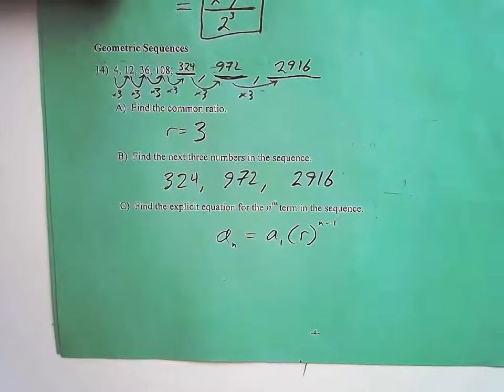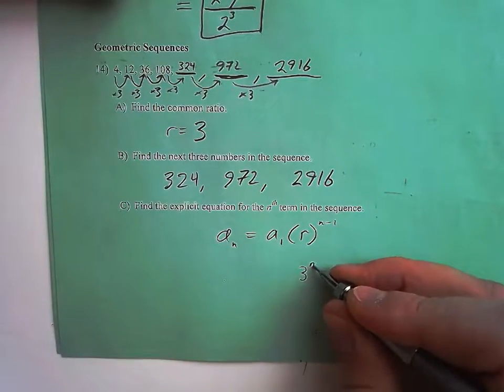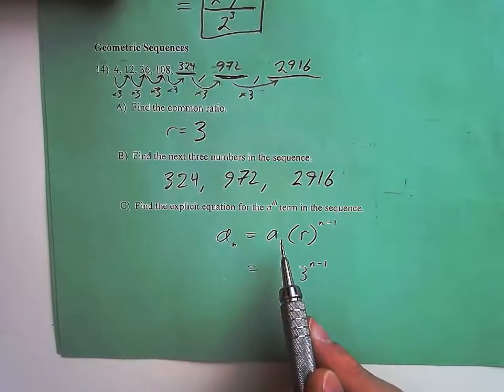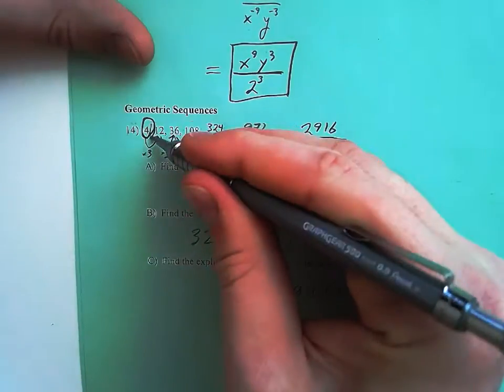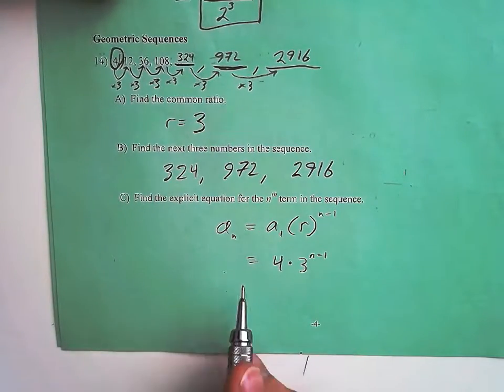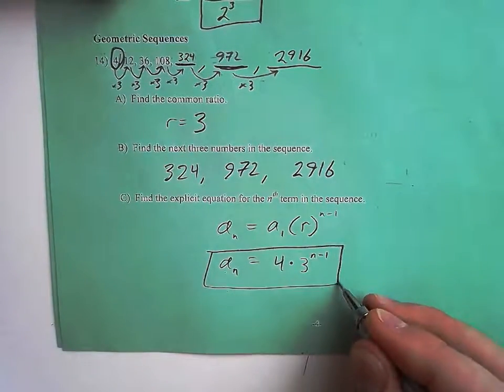So if you had that in your notes, all you have to do is say, oh, the ratio's 3 and the first number is 4. And wow, that's the equation.